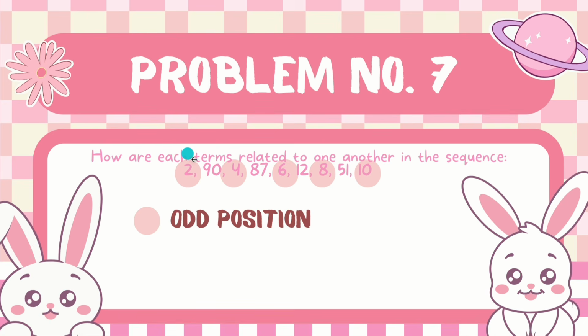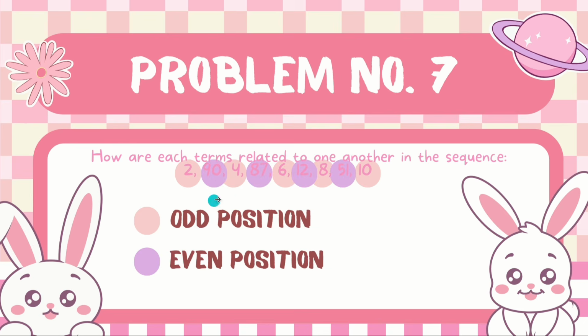This is position 1, 2, 3, 4, 5, 6, 7, 8, 9. So the odd positions, which are the 1st, 3rd, 5th, 7th, and 9th, are increasing by 2.